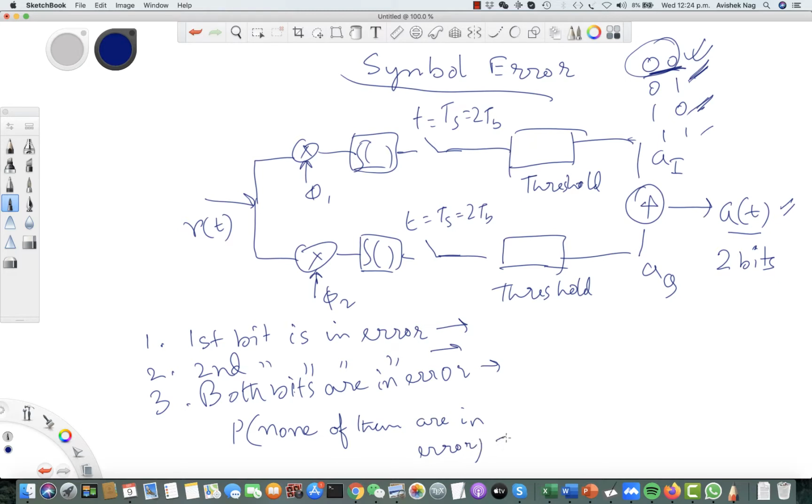Okay, so this probability is the probability of error due to this upper arm, as you just saw, is Q function of square root of Es by N0. Okay, and for the lower arm also it is the same.